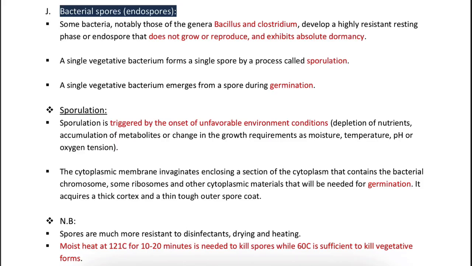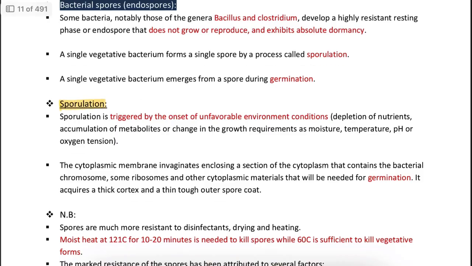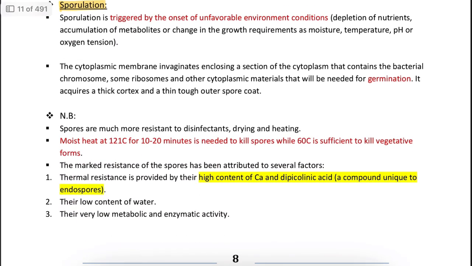Sporulation is the formation of spores, triggered by harsh conditions: nutrient depletion, extreme pH, heat or dehydration. The bacterium encloses part of its cytoplasm with DNA and adds a thick cortex and a resistant spore coat, and it remains dormant until favorable conditions return.